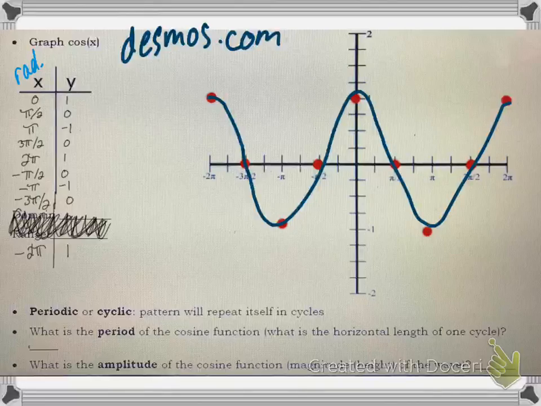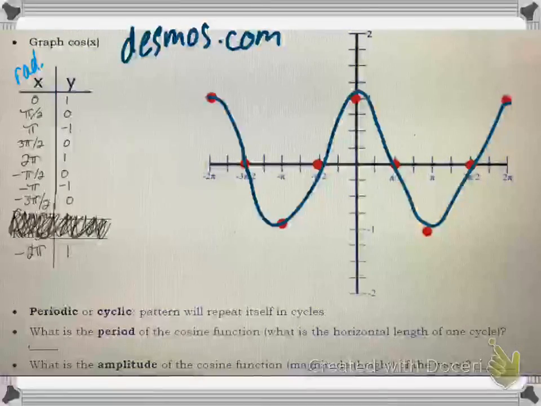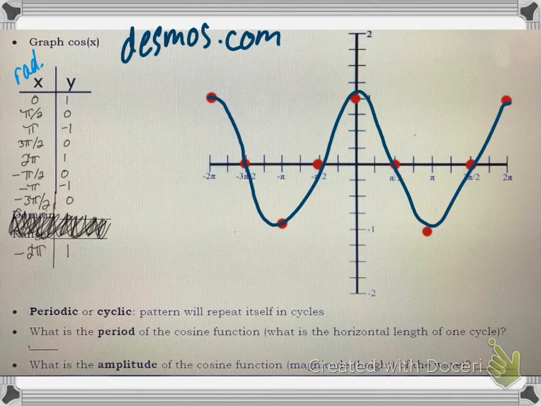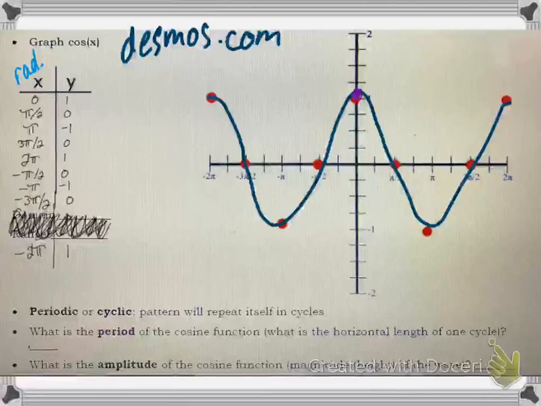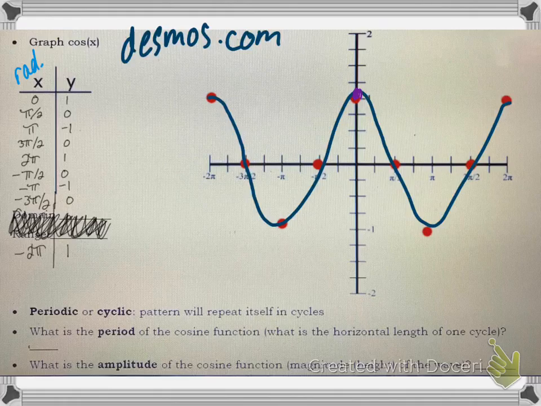So back to the period of the graph. I want to figure out what part is repeating. Again, I want to start at the y-axis. Sorry, guys. Starting at the y-axis, I want to figure out what part is repeating. So in cosine, it's kind of a little bit easier. I have to wait until I hit back at +1.